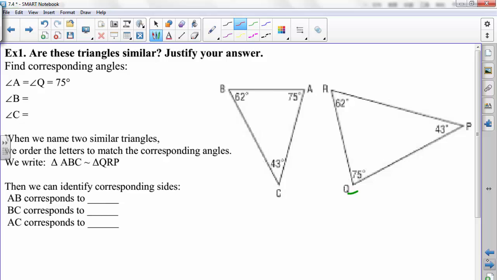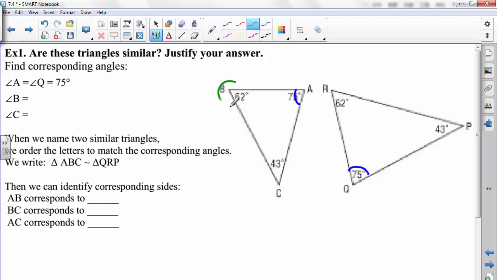These triangles are similar. Justify your answer. Let's look at the triangle ABC and the triangle PQR. I will see that angle A is 75 degrees. In this big triangle, angle Q is 75 degrees. So that means angle A corresponds to angle Q, and both of them are equal to 75 degrees.